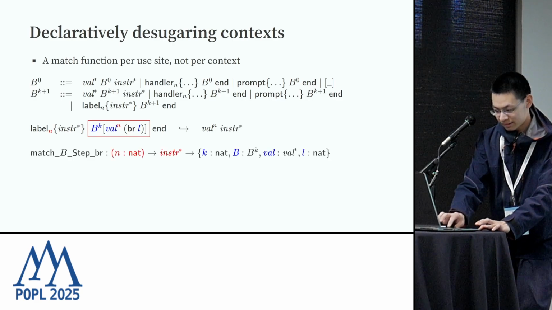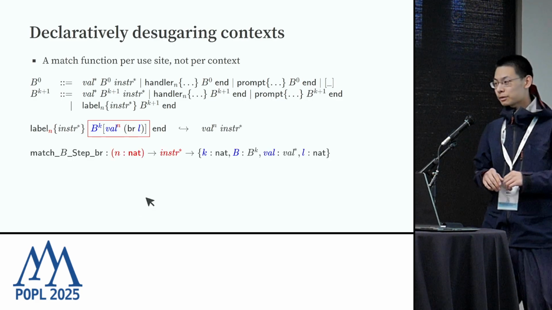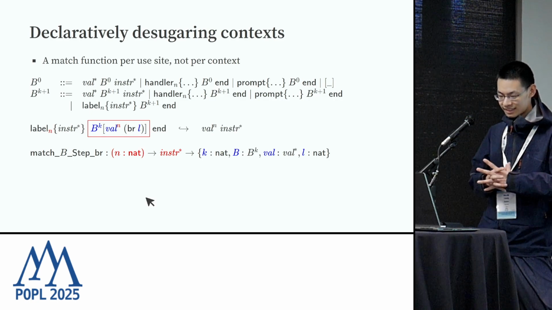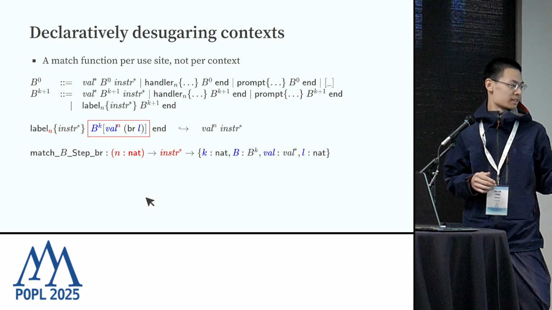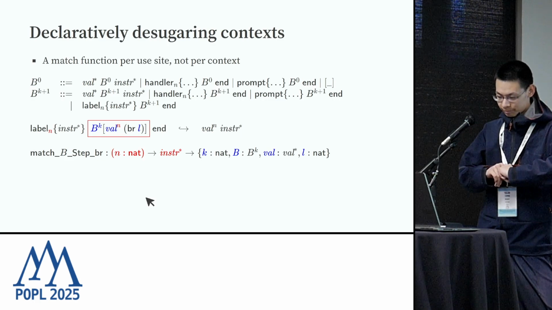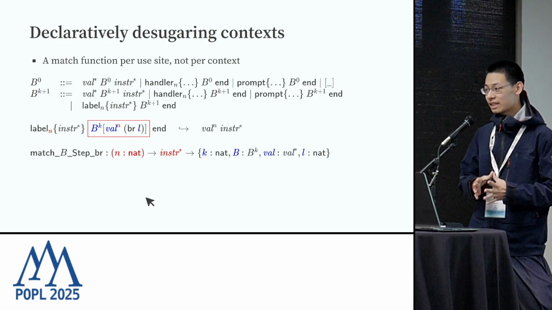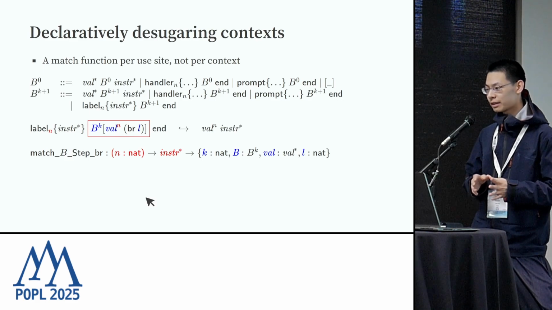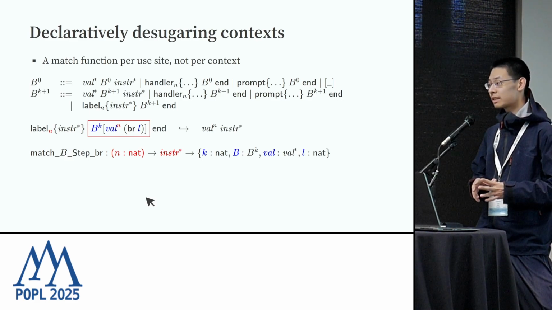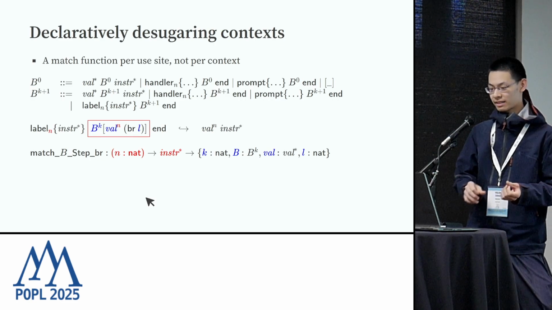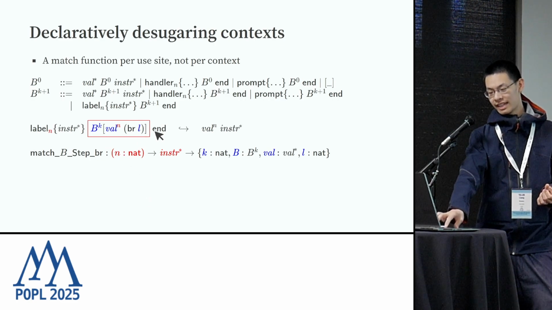The match function should be something like this, which is the type signature. We receive a number of values to capture, and we receive the instruction sequence to match, which is the red box here.